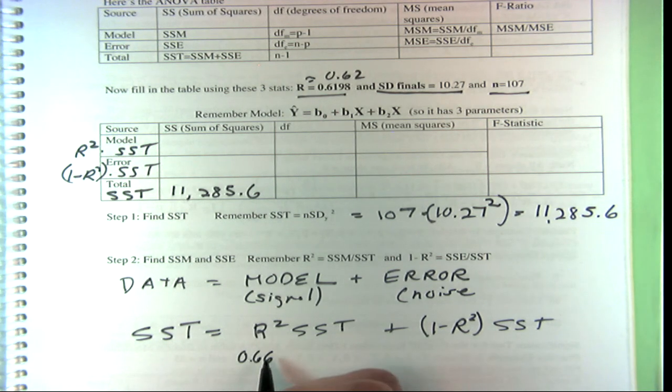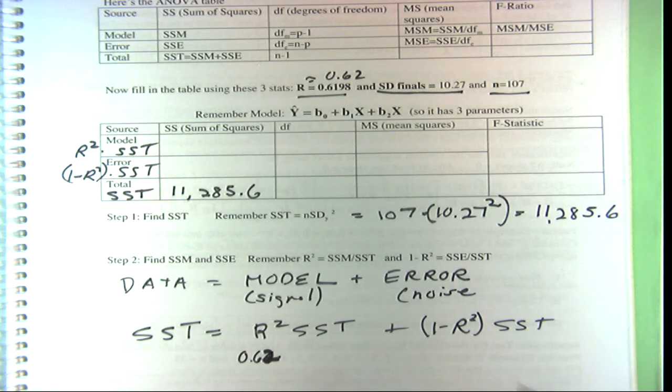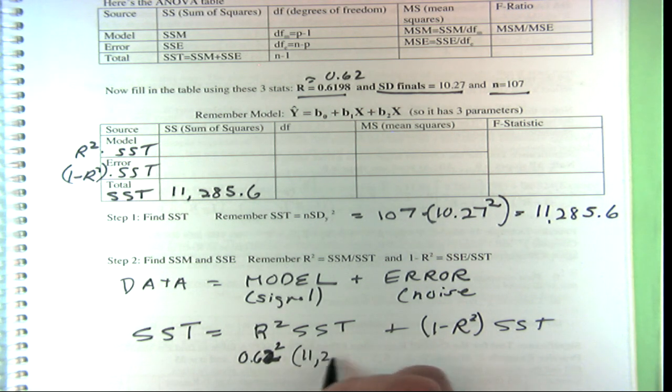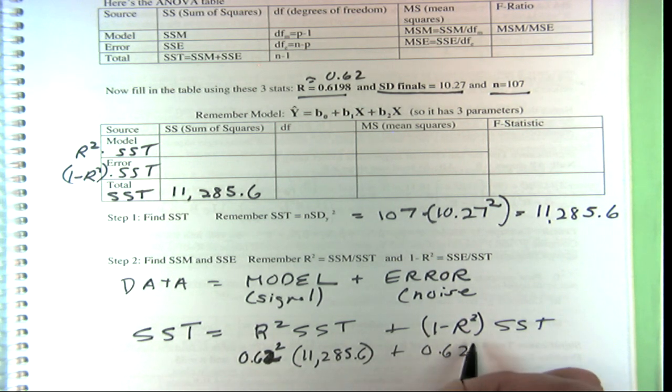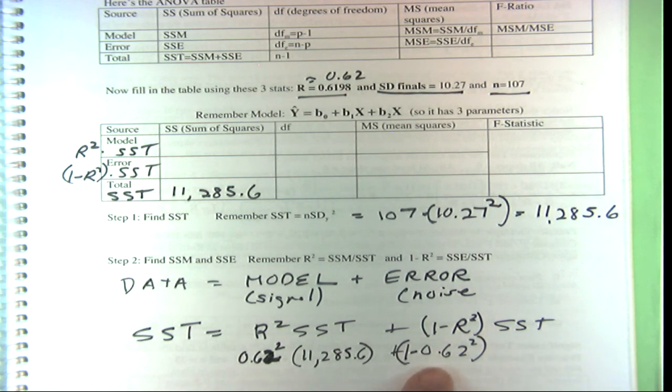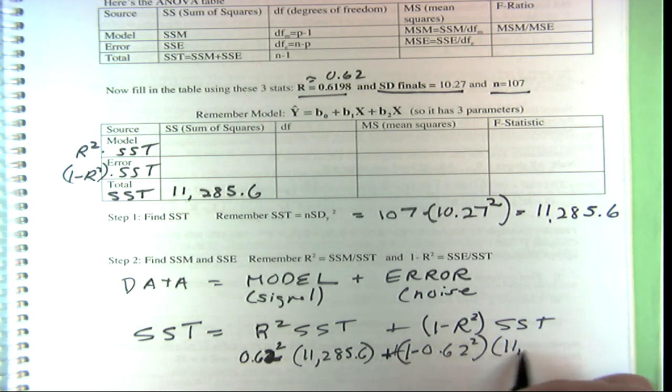So 0.62 squared times 11,285.6, plus 1 minus 0.62 squared times 11,285.6.